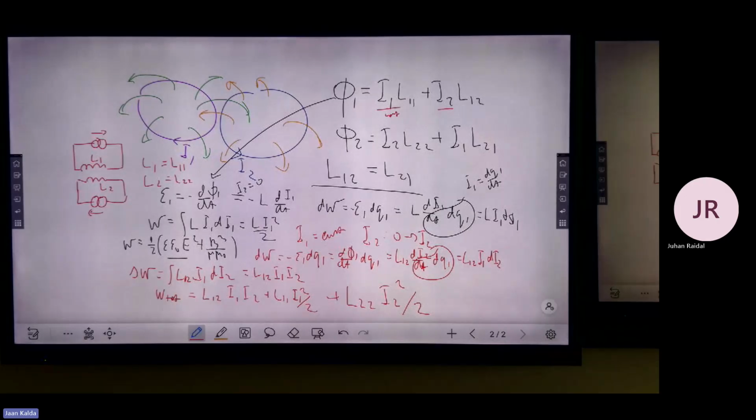And that's because we wanted to show that L12 equals L21, right? Remember. Now, how do we complete this now? How it completes the proof? Johan. Oh, no. No idea? Anyone here in the class?